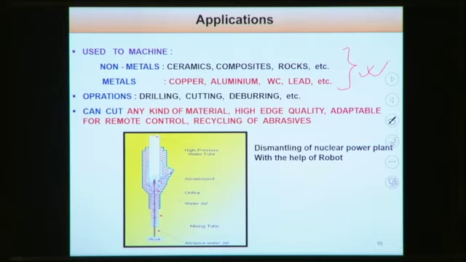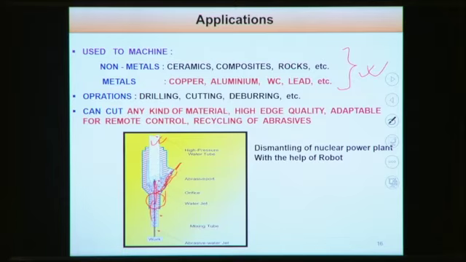So here you can see this high pressure jet is coming through this orifice, and at the side you can see this abrasive port. These abrasive particles are coming because of the sucking action by this high velocity water jet. Then there is a mixing chamber, so this is the mixing chamber here.